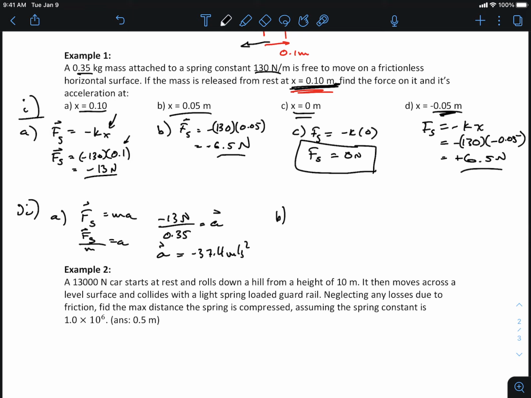They're intertwined with the forces that you calculated, right? So if I do part B here, I'd see that the acceleration would be equal to negative 6.5 divided by 0.35, right? And for part C, the force in part C we said was 0, right? Because it was at its equilibrium point. So 0 divided by 0.35, well, that's 0, right? I'll do that other one in a sec.